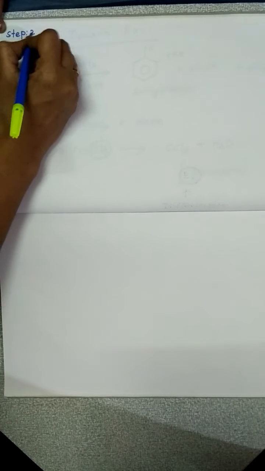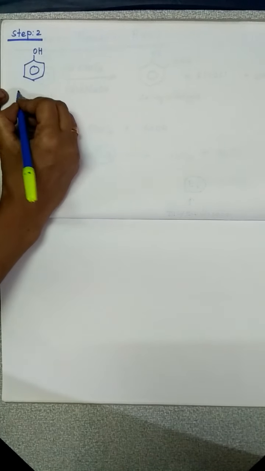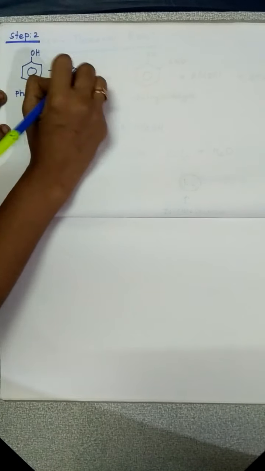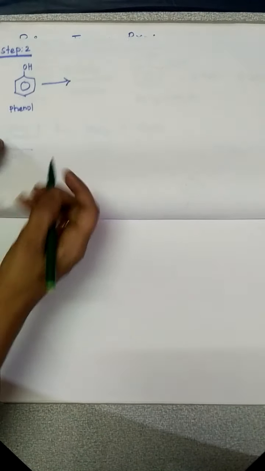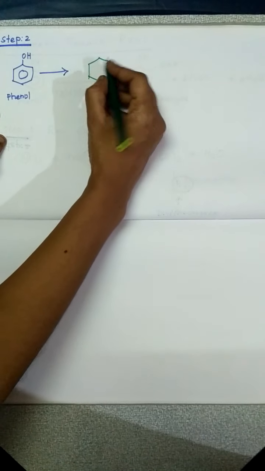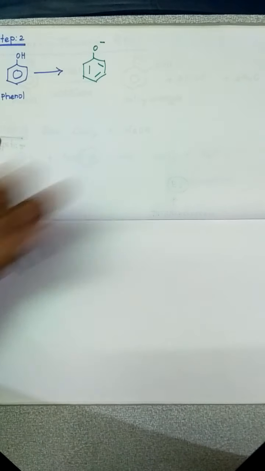In step 2, first phenol. The stabilized form of phenol is your phenoxide ion, O minus.